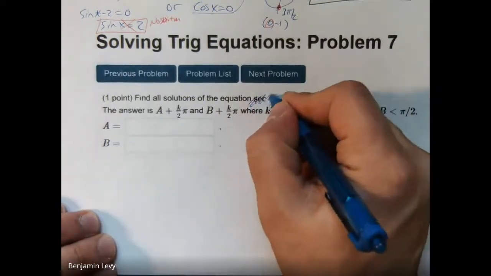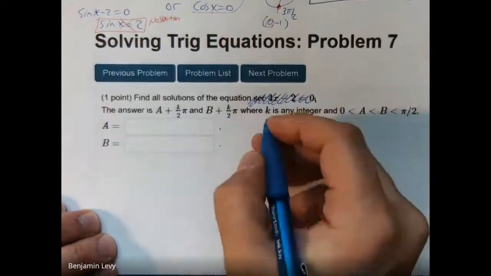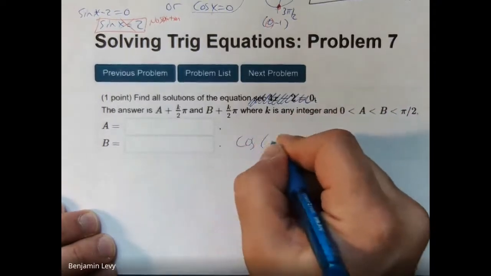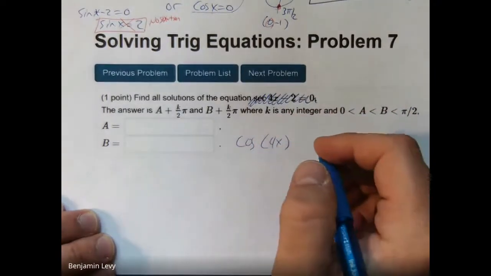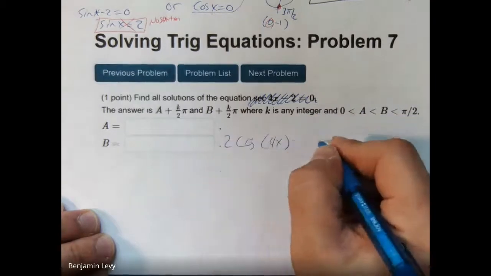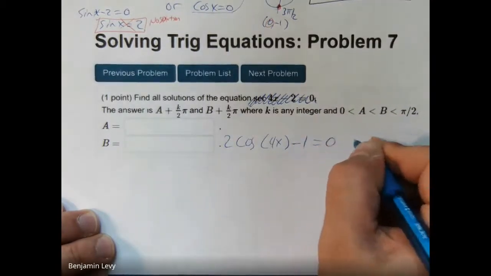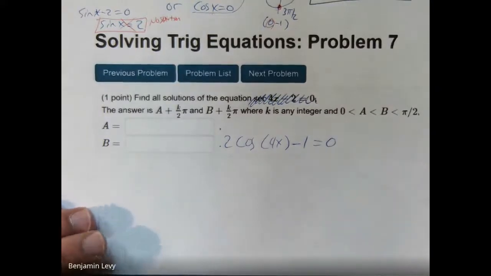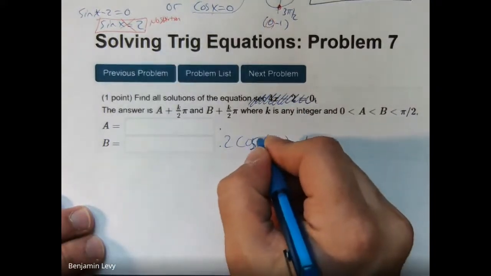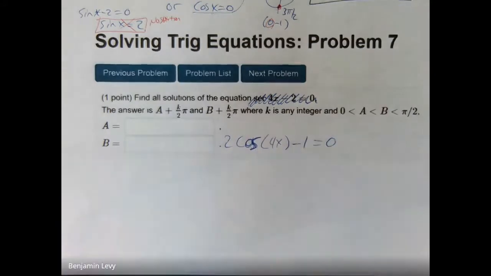So instead of doing this problem, let's do 2 cosine of 4x minus 1 equals 0. This is kind of a similar problem, more in the ballpark of the type of question I might ask on the final.